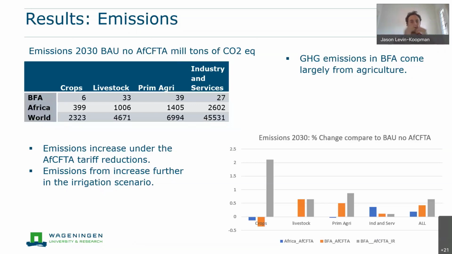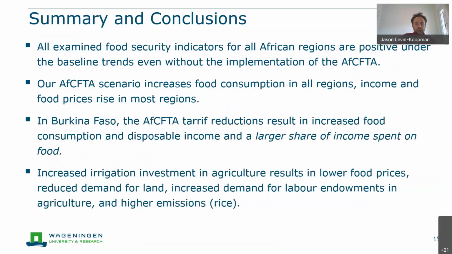So these are the interactions that are important to take into account when evaluating the impact of the AfCFTA on these different areas.